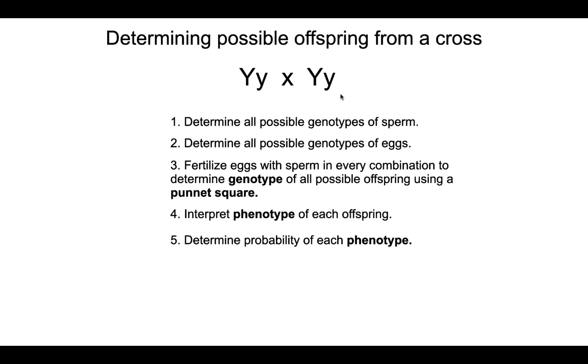Then we are going to fertilize each of the possible eggs with each of the possible sperm and write down all of the genotypes of the offspring. We then can interpret what the phenotypes of those offspring are going to be based on their genotype, and then we can determine the probability of each of those phenotypes. And all of this can be organized using a Punnett square.